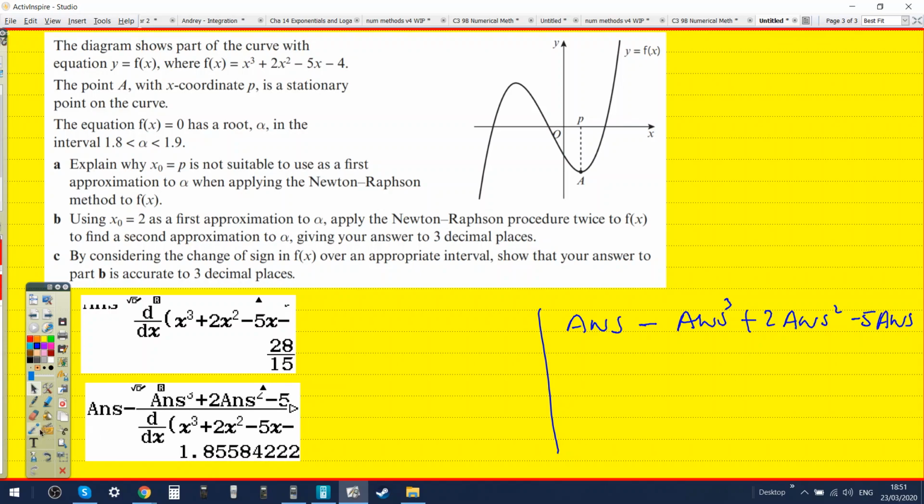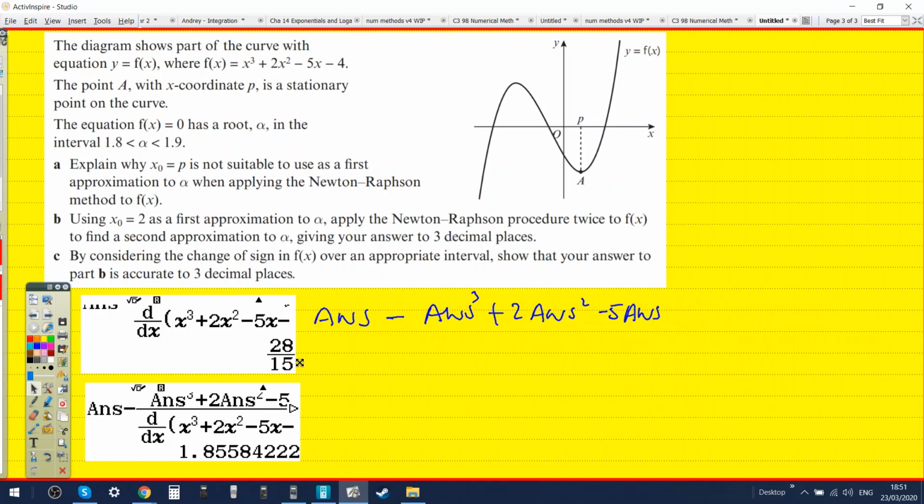And on the bottom, the derivative, 3 answer squared plus 4 answer. So f dash of x is 3x squared plus 4x.